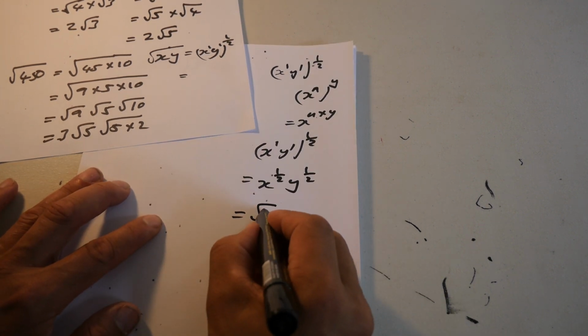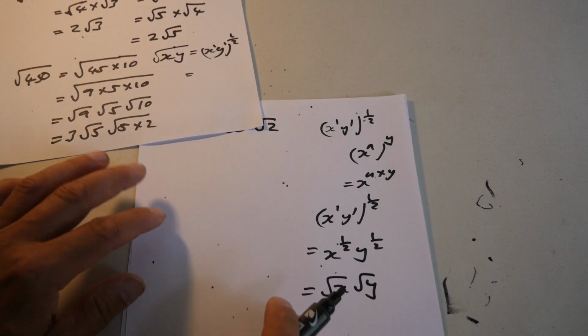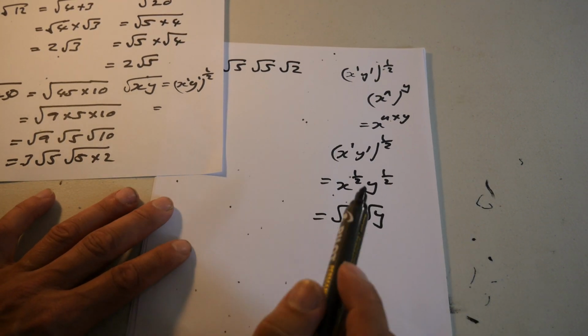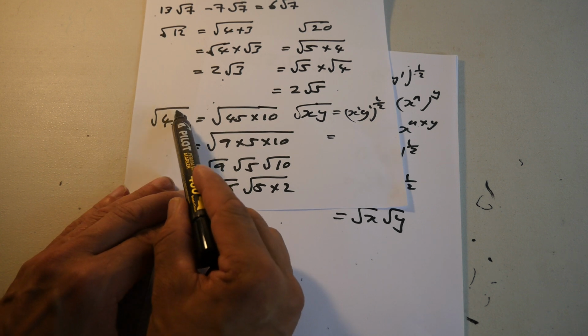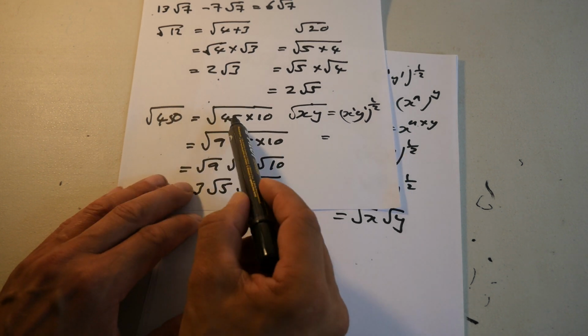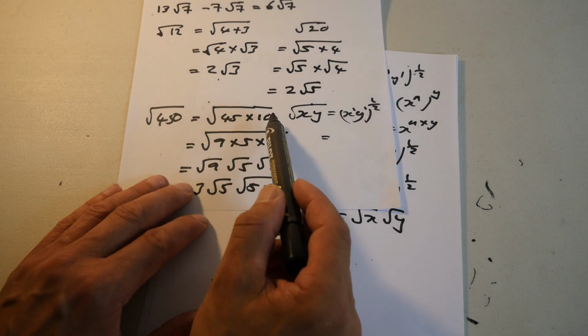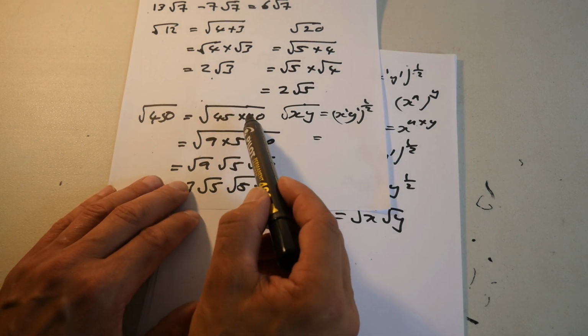Which equals the square root of x times the square root of y, okay? That's why the square root of 450 becomes the square root of 45 times the square root of 10.